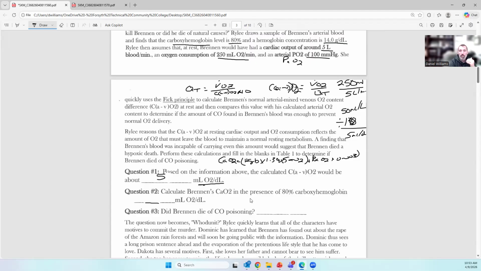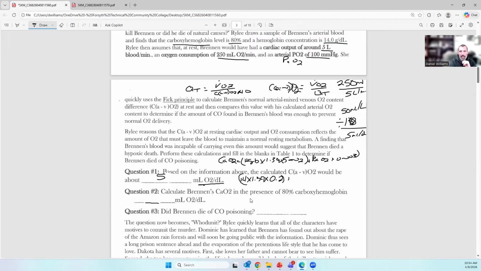So we can take our hemoglobin of 14, multiply that by 1.34, multiply this by, and that should be a 4, my pen dragged, so it's a 4, not a 9. 14 times 1.34 times our SaO2, which we figured to be 0.2.